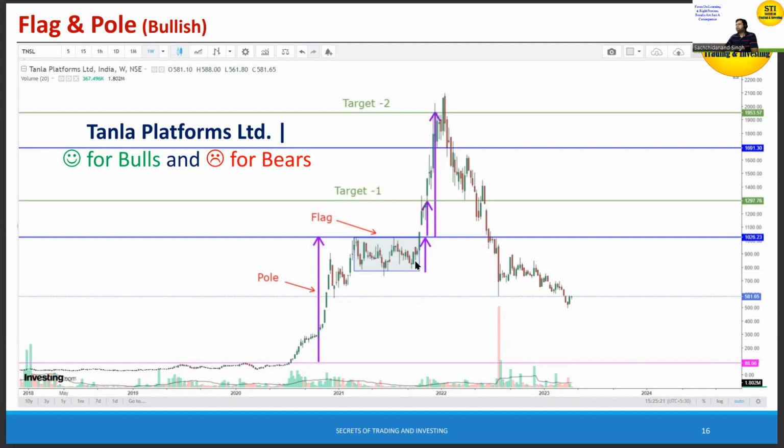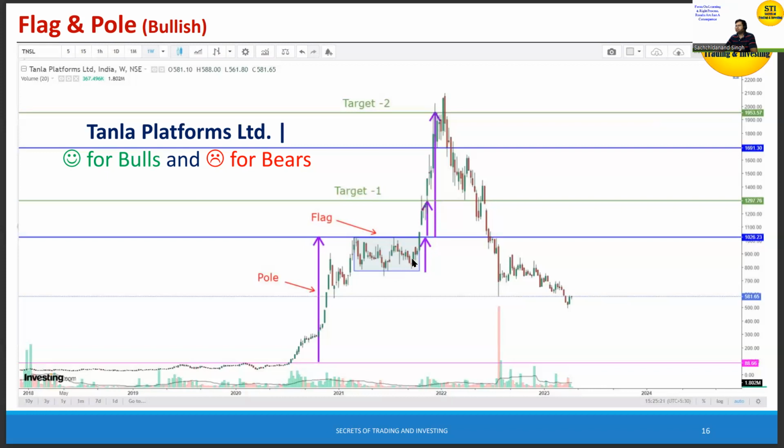So, and how it gives the target is that, okay, once this flag formation is happening, once we connect all the tops, and whenever it is breaking your top, right? Top of the flags. In this example, if you see the highlighted area is the kind of flag. So here I have connected maybe most of the tops and most of the bottom.